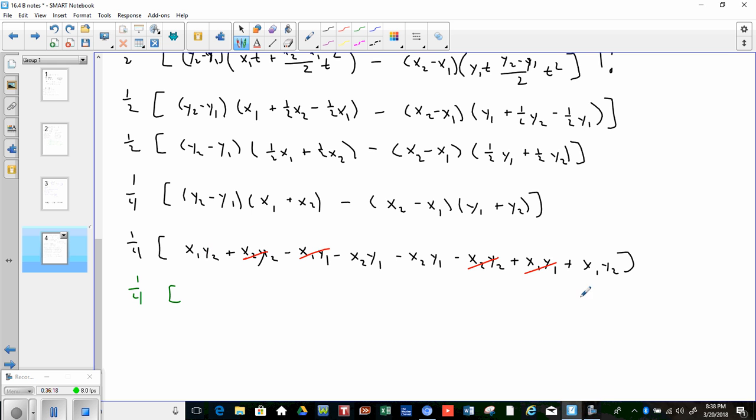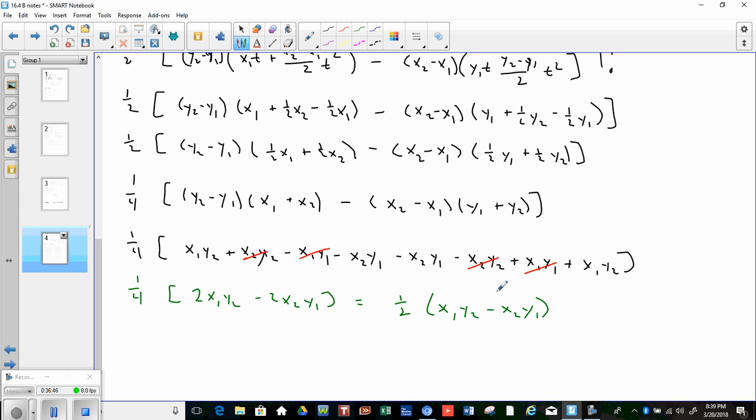I have an x1 y2, another x1 y2, so I've got two of those. And then I've got a minus 2 of these, minus 2 x2 y1. The 2's can be pulled out to the front, so that gives me 1/2 of x1 y2 minus x2 y1.